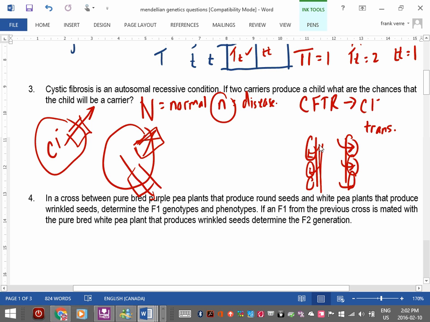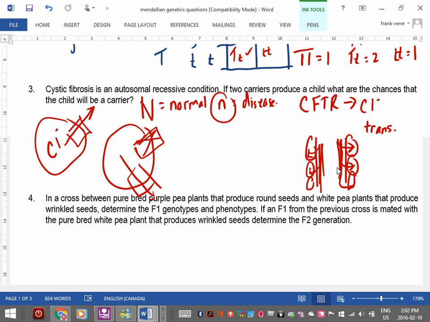Well, if we have mucus that lines the airway and we take water out of the mucus, it becomes very, very thick and sticky, and it starts to impede breathing. So if someone has cystic fibrosis without medical attention, it could be fatal.